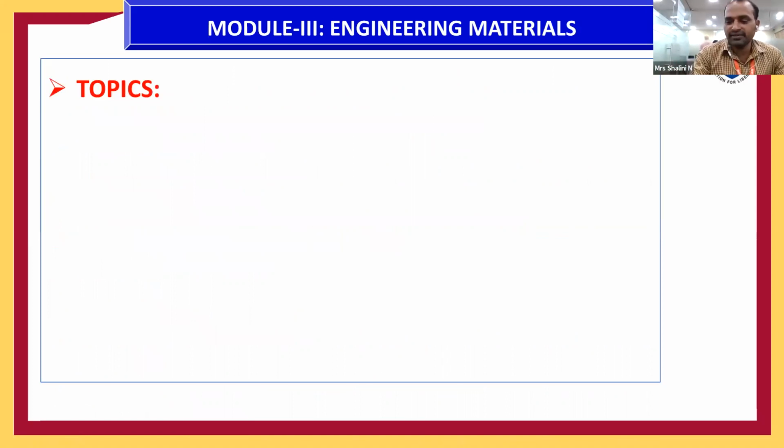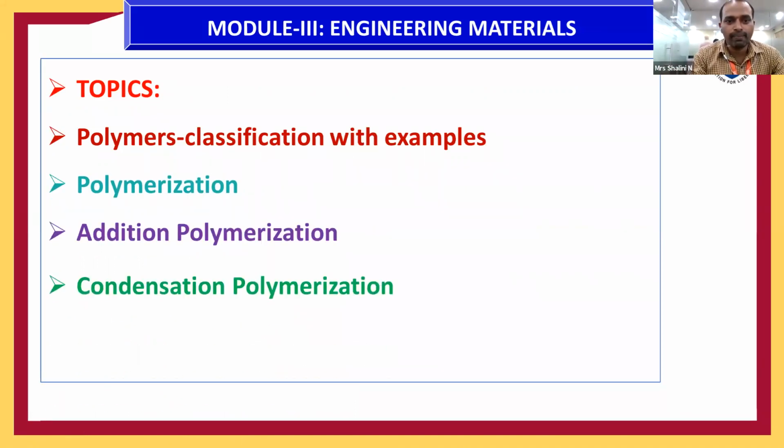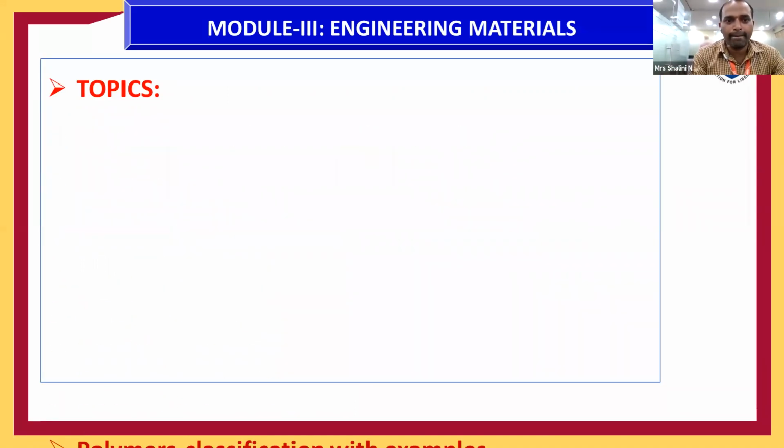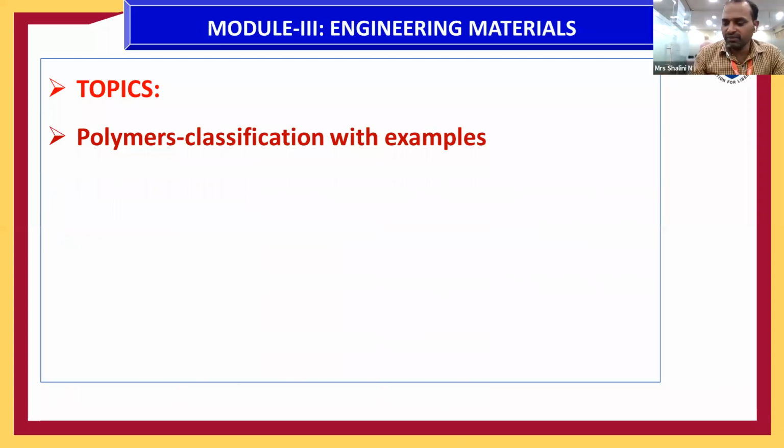Polymer means monomers combined to form a large molecule, that is called a polymer.